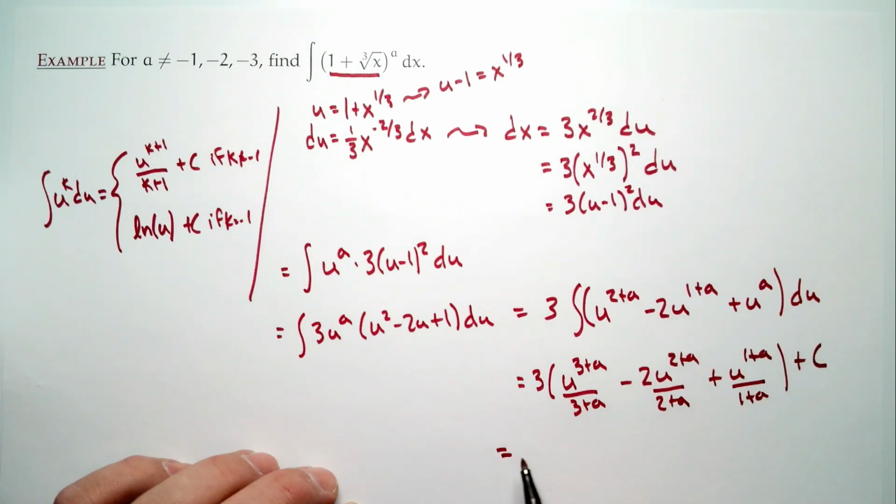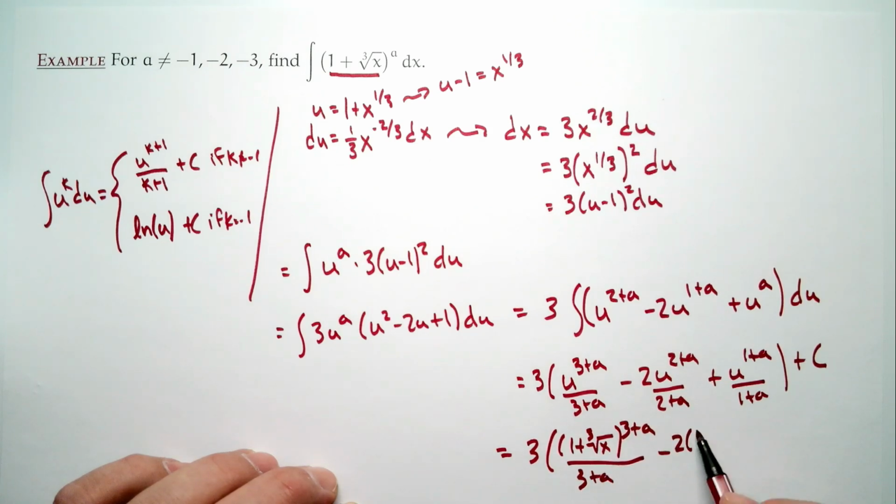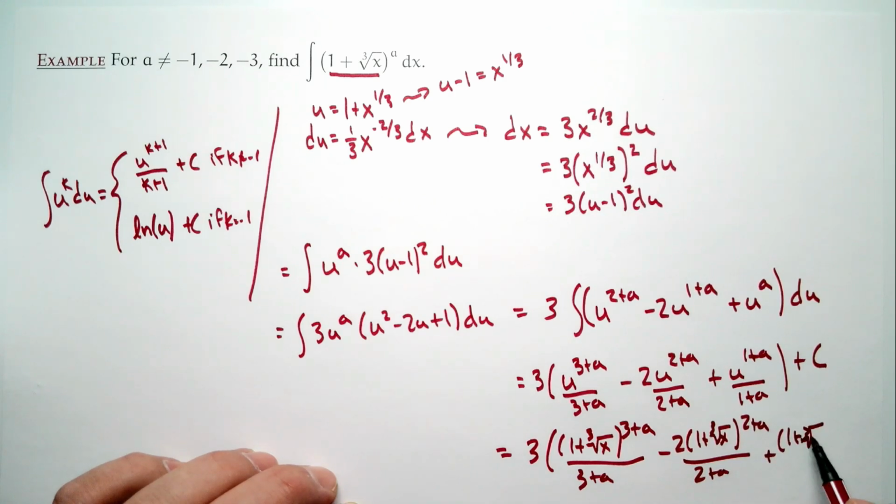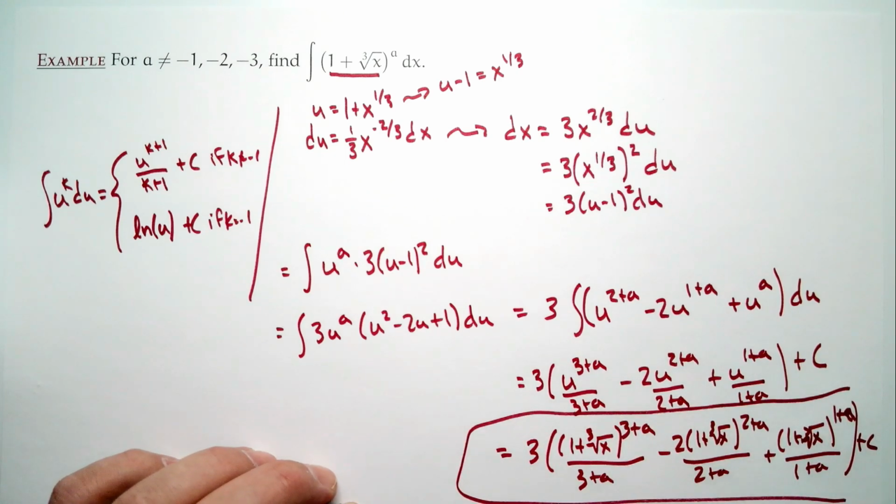And finally, to finish this off, we have to go back to x. So we get 3 times (1 plus the cube root of x) to the power 3 plus a, divided by 3 plus a, minus 2 times (1 plus the cube root of x) to the power 2 plus a, divided by 2 plus a, plus (1 plus the cube root of x) to the power 1 plus a, divided by 1 plus a, plus C. Exactly what we would have thought when we started.